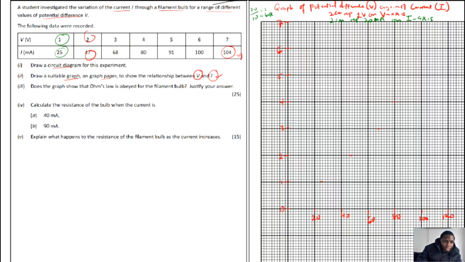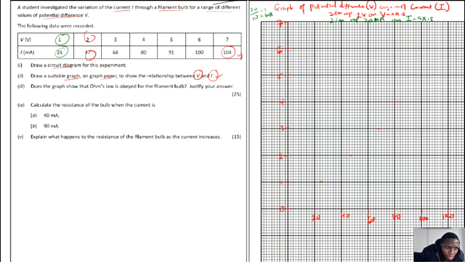So that's that. The next one is 5 and 91. This is 5, and this seems to be 90 here. 90 is going to be, this is 82, 84, 86, 88, 90. So 91 is in between.